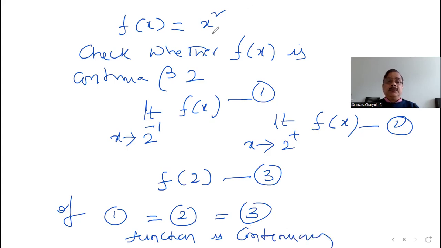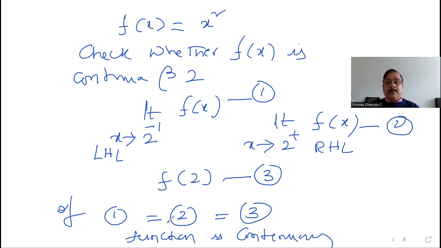All sums we have to do like this only. So first we should know at what point they are asking us to check the continuity. Then go to the basic equation. If required, we can simplify the equations sometimes and then substitute also. Then arrive at the limit from both sides. One is called LHL, left hand side limit, and this is called RHL, right hand side limit.